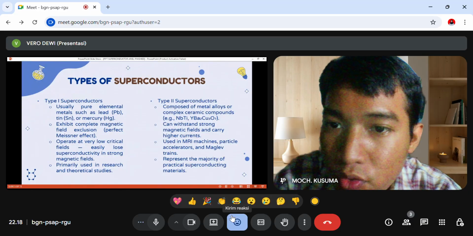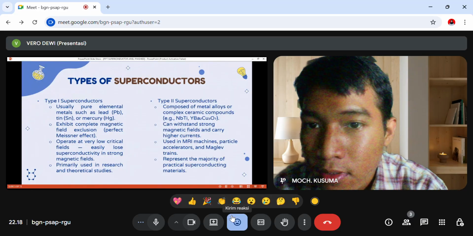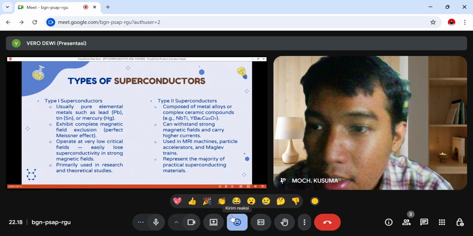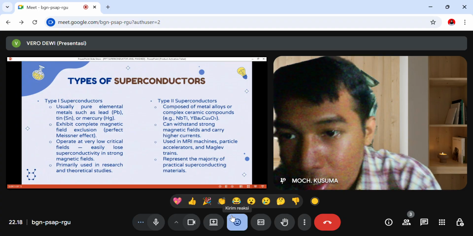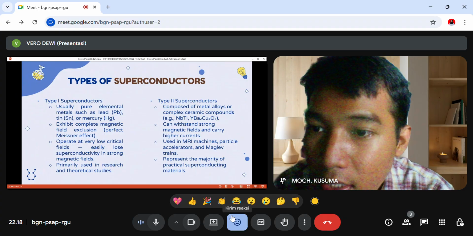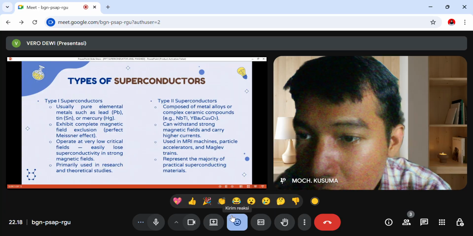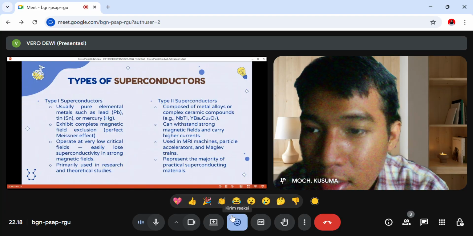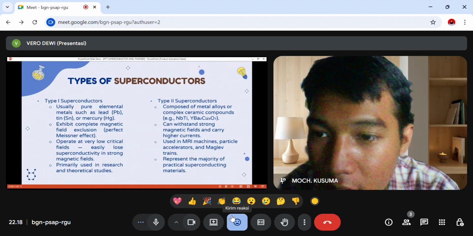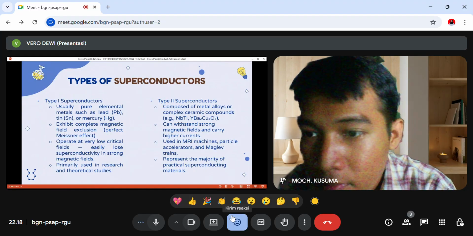Types of superconductors. It has two types. First, Type 1 superconductors, usually pure elemental metals such as lead (Pb), tin (Sn), or mercury (Hg).